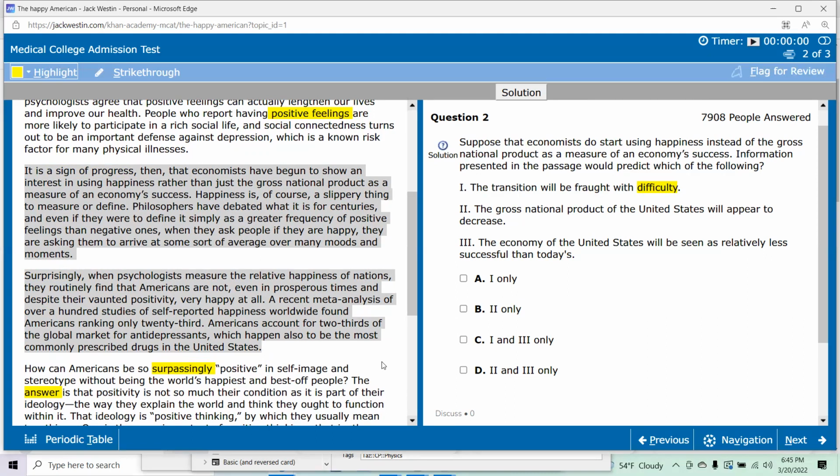Yeah, they wouldn't be using that anyway. It doesn't make sense to me. Okay, I see where you're coming from, because they're not using the gross national product anymore. They're using happiness. So if it doesn't exist anymore, then how could it decrease? Is that kind of what you're saying?